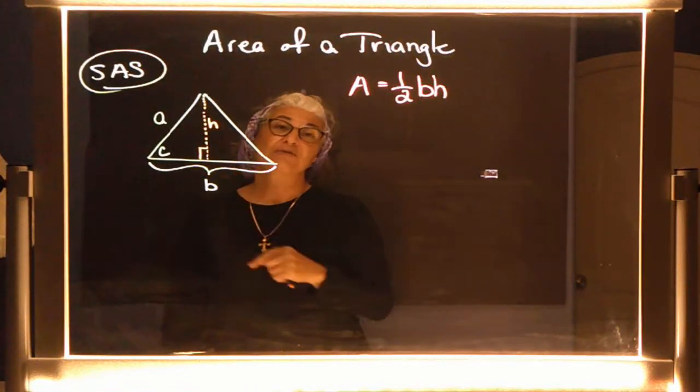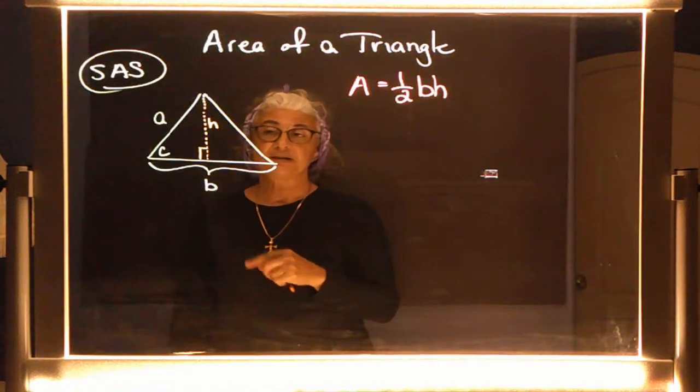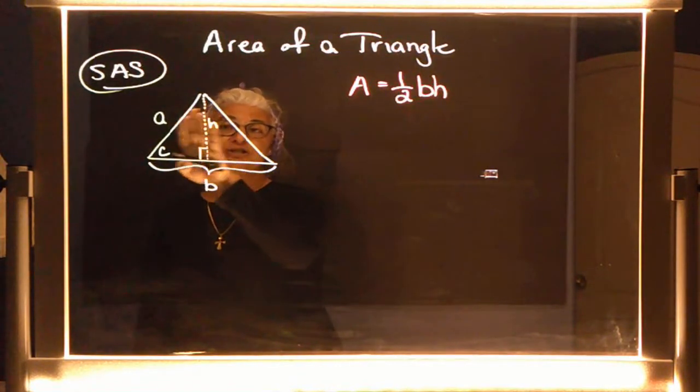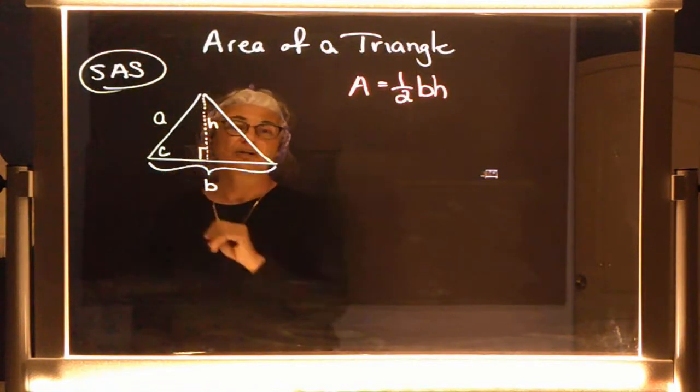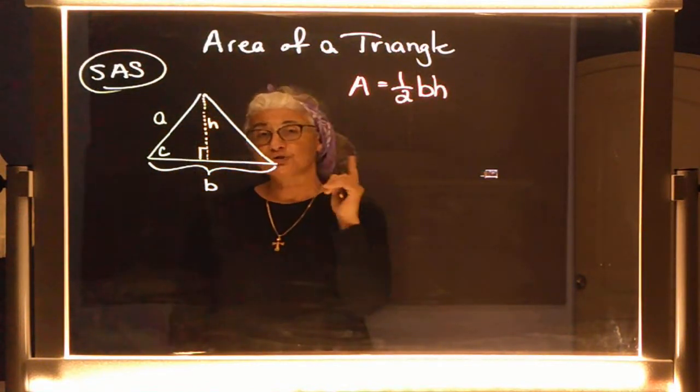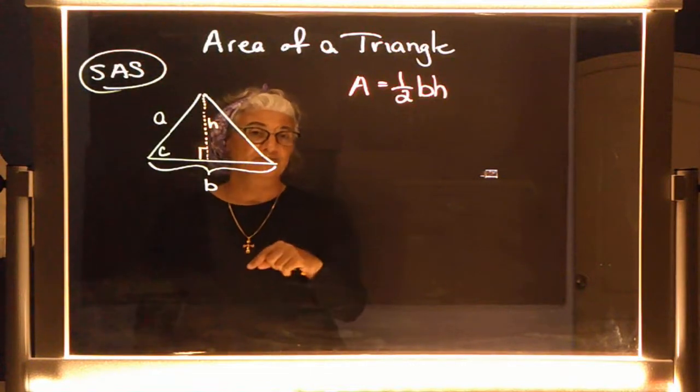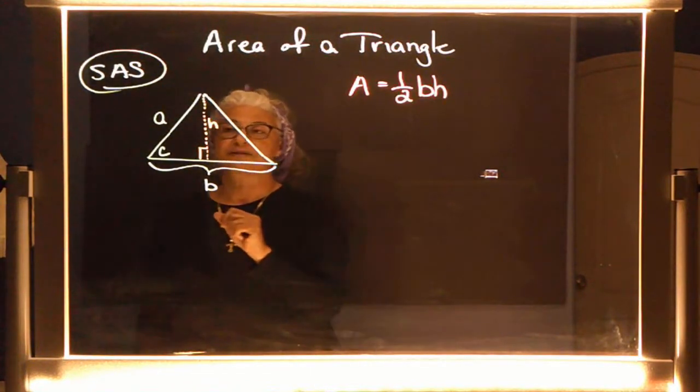Now, since I have a right triangle here, either side, but I'm going to just look at the left side of this triangle. Since I have a right triangle, couldn't I use a trig function to help me out? So let's think about this.